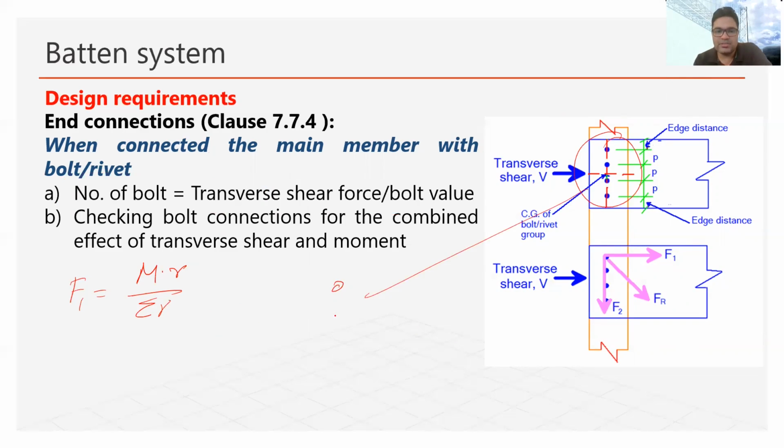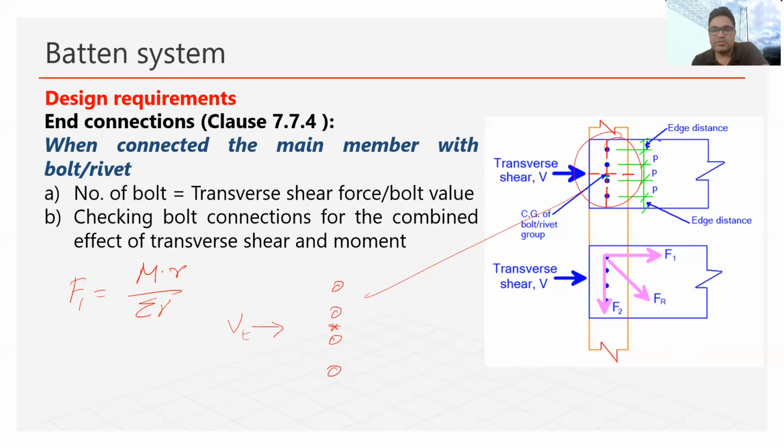If I take the enlarged version here, say these are the 4 bolts, and transverse shear is acting through this. It is actually acting at the CG of the bolts. So this is the CG of the bolts. And generally, the effect of the moment induced because of this transverse shear will be maximum at the extreme bolt.